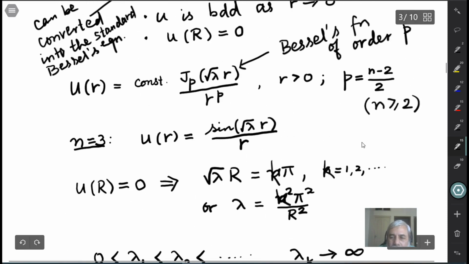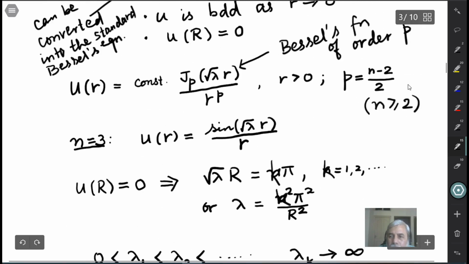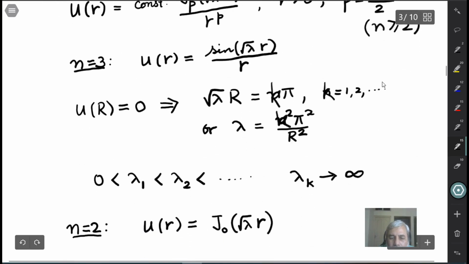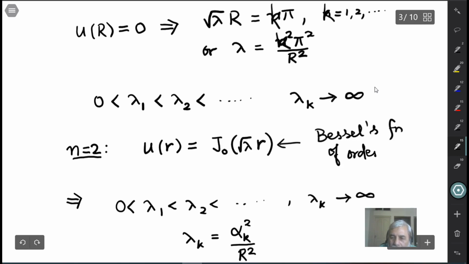and for each value of that we obtain an eigenfunction. Okay, and for n equal to 2, this p will be 0. Okay, and we obtain this Bessel function of order 0. And the Bessel function of order 0 has an infinite number of positive zeros tending to infinity.